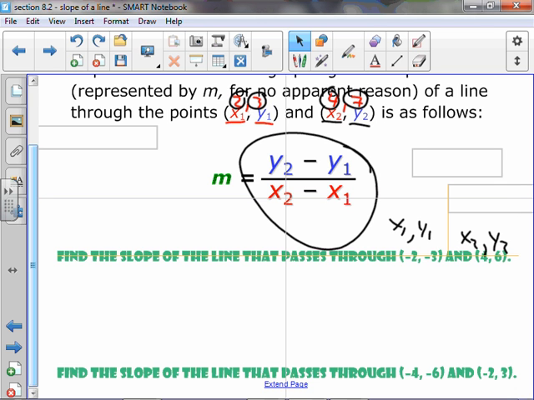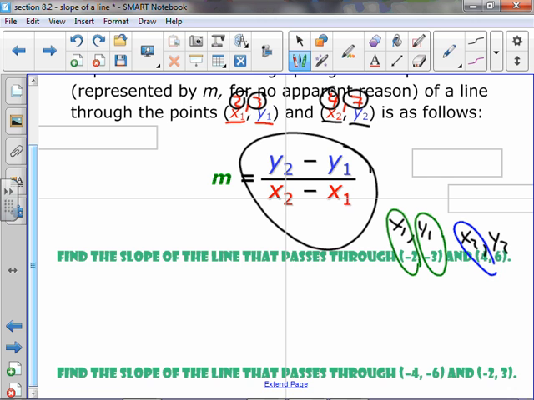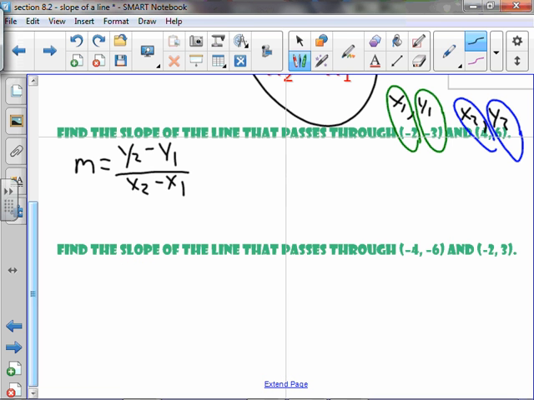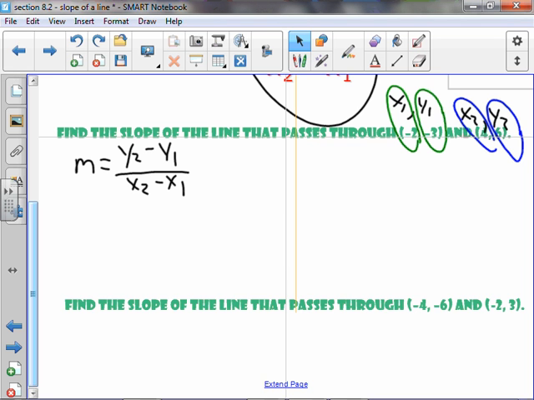So let's just say, for the sake of argument, that this here is x1, y1, and this here is x2, y2. Now I'm just going to start with my formula. M equals y2 minus y1 over x2 minus x1. Okay? I'm going to give myself a little more room. So, all I'm going to do is start plugging in numbers now.